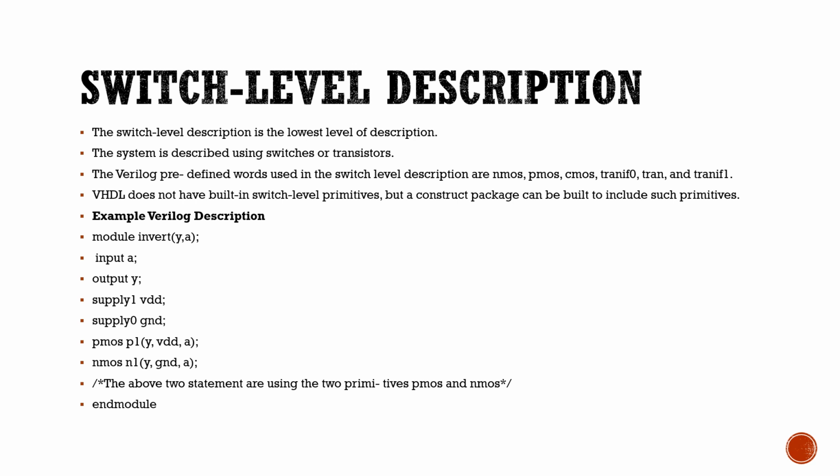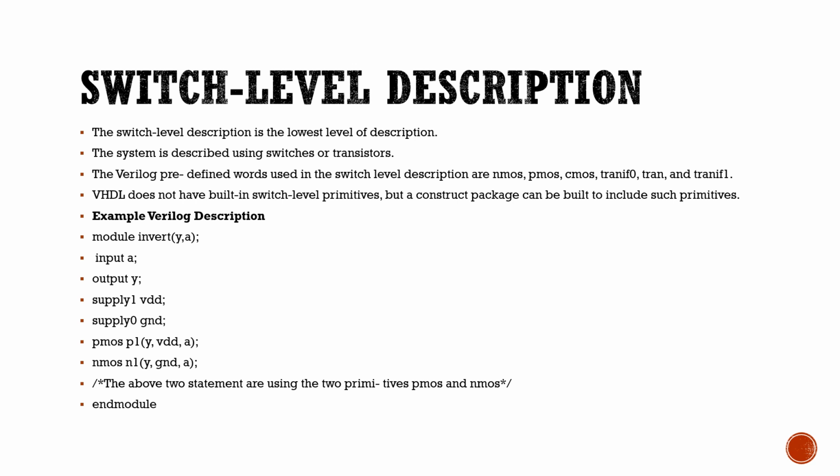So coming to the operation, suppose the input is equal to 0. Then the PMOS will be in an on condition and the NMOS will be in an off condition, so the output is equal to 1, that is Y is equal to 1.